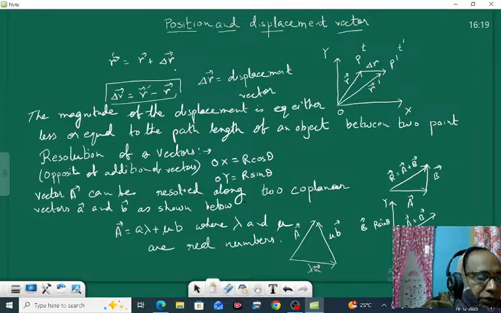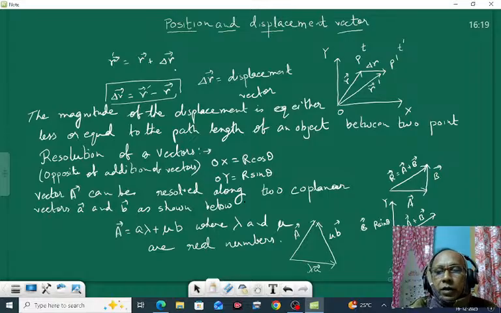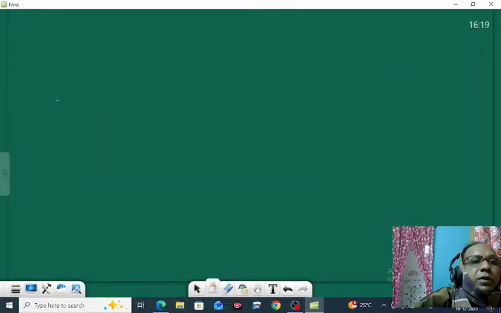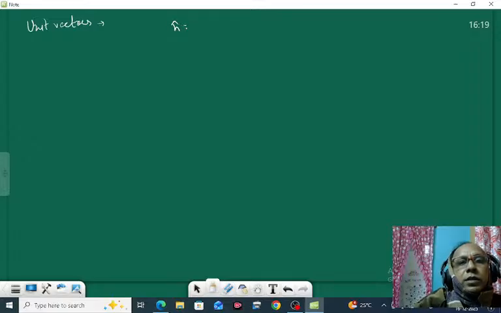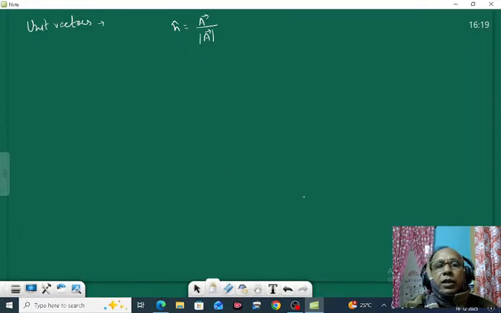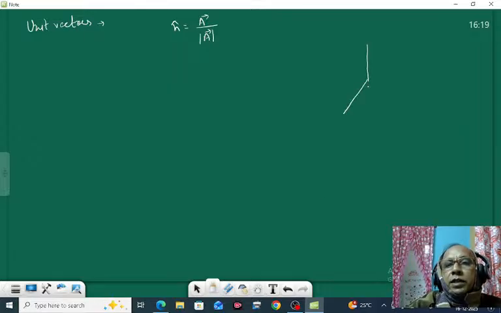Now we learned about unit vectors. We defined unit vectors in the previous classes: n unit vector is equal to vector a divided by modulus of vector a. And the unit vectors along the ox, oy, oz directions are known as i, j, k vectors.